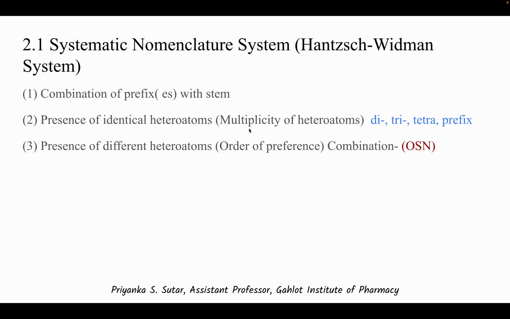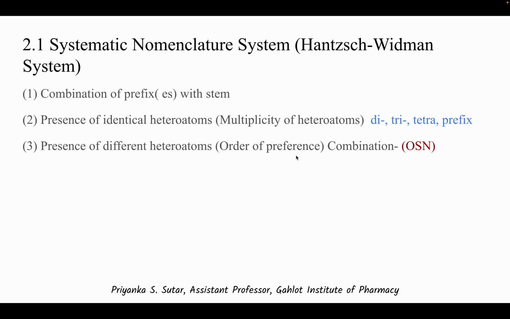Rule number 2: what if there are multiple heteroatoms? If they are identical, then you use di, tri, tetra before the prefix. You write di, tri, tetra, whichever is suitable, then you write the name of the prefix, then you write the stem.